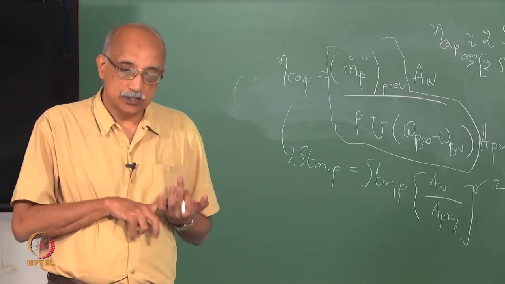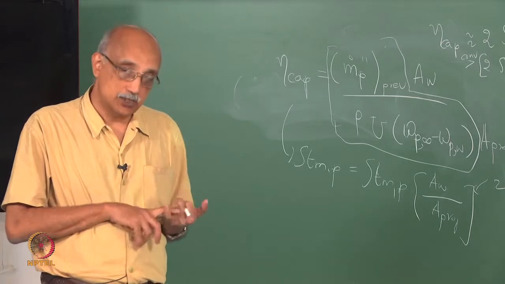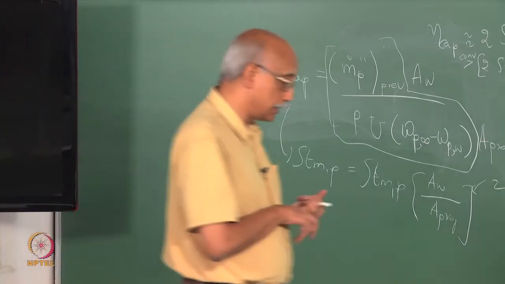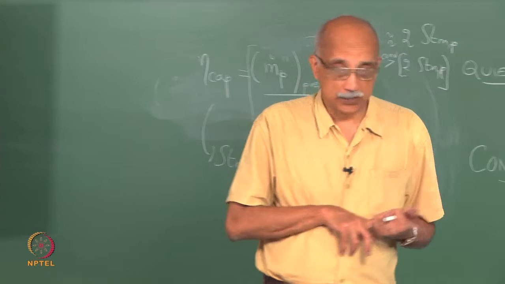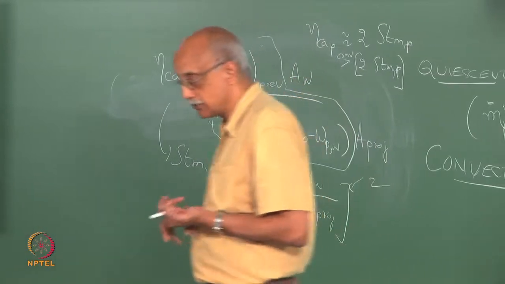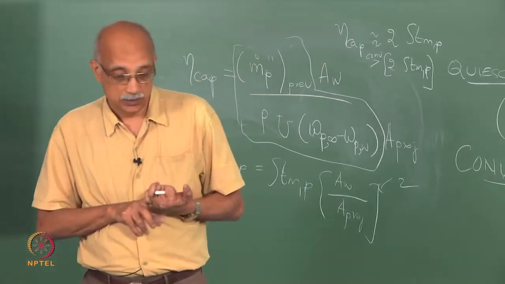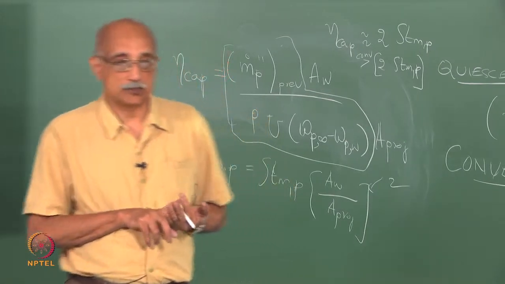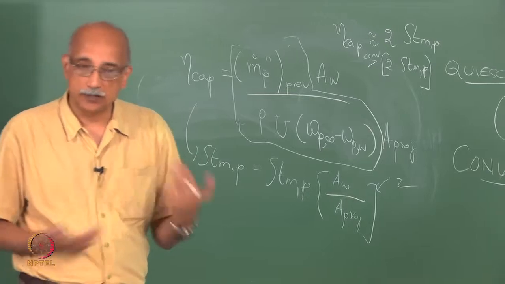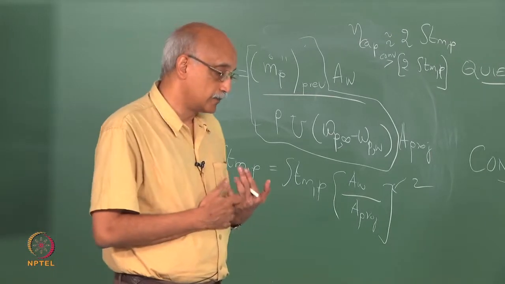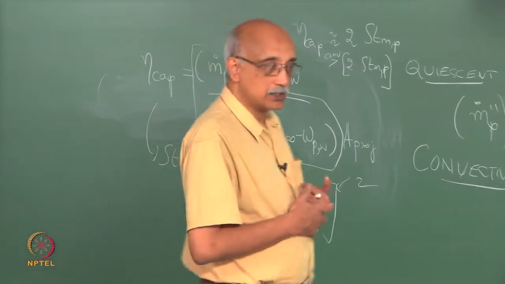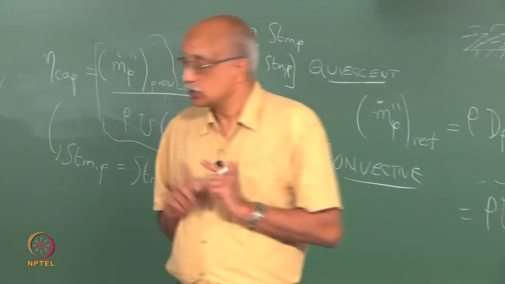So, whenever these three phenomena are occurring, when radiation is present in significant amounts, or when inertial impaction is present to a significant extent, or when phoretic phenomena are present because of an electric field or a magnetic field or temperature field and so on, you cannot apply the analogy conditions, but otherwise you can.